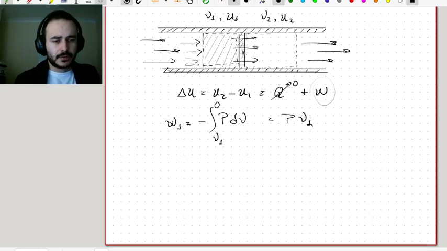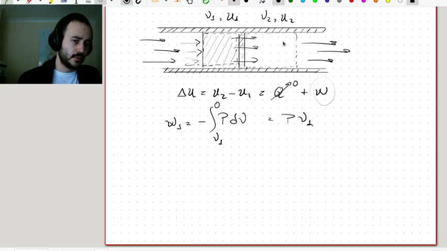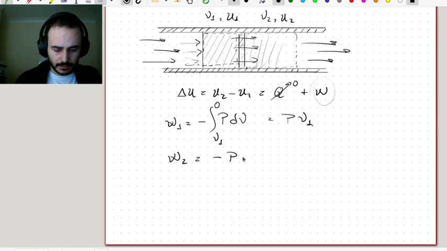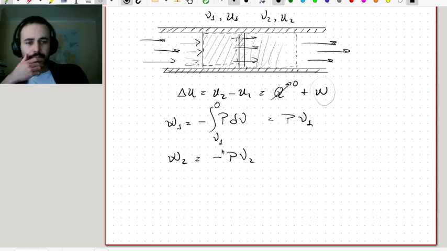But of course, when the parcel of gas emerges on the other side, it has to push whatever gas was sitting there before to make space to be on the right hand side. So your system is also doing some work on the outside, and this work is simply minus PV2, because it has to push all the way until it occupies the entire volume available to it, which is V2.